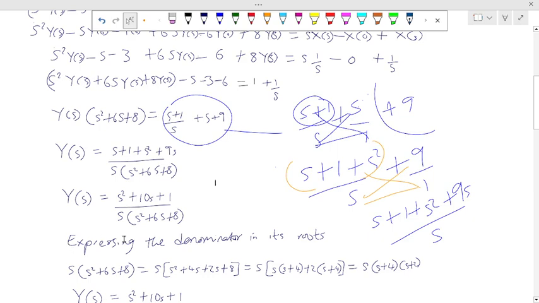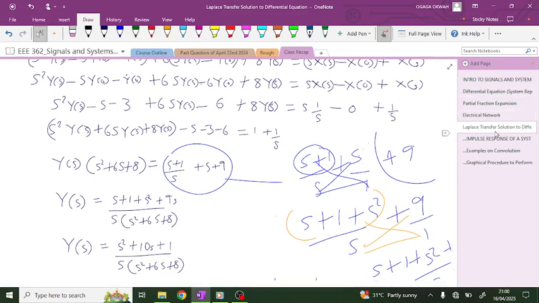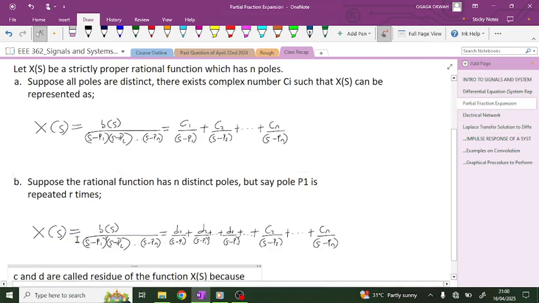But first of all, we have to express the denominator in its roots, so that we can now say pole 1 this, pole 2 that, just like what we said in these parts.